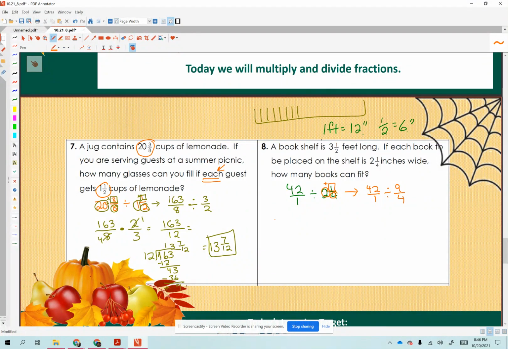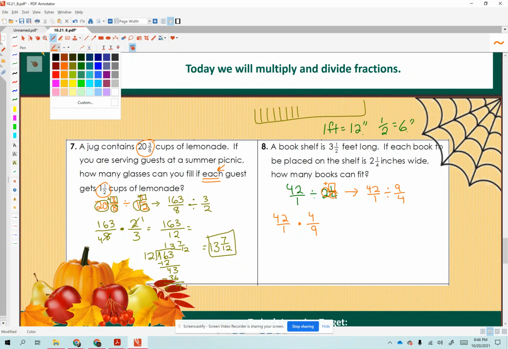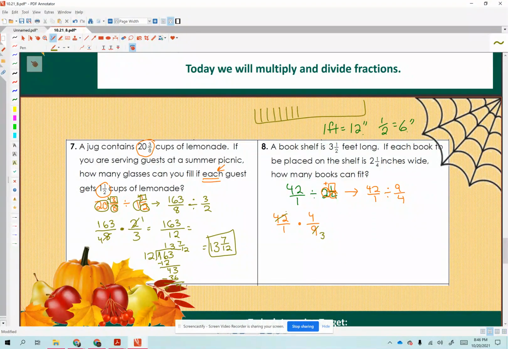And we will rewrite that as 42 over 1 multiplied by 4 over 9. Now, I can simplify this. I can divide 9 by 3. 9 divided by 3 is 3. And 42 divided by 3 is 14.